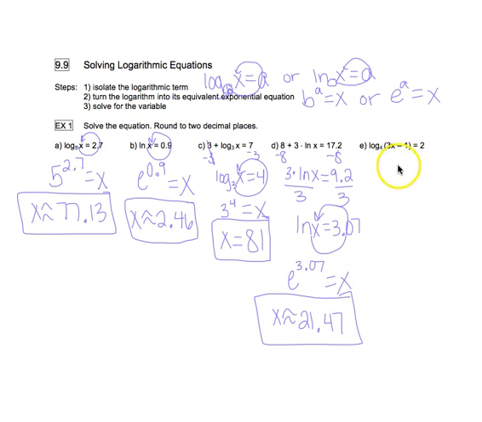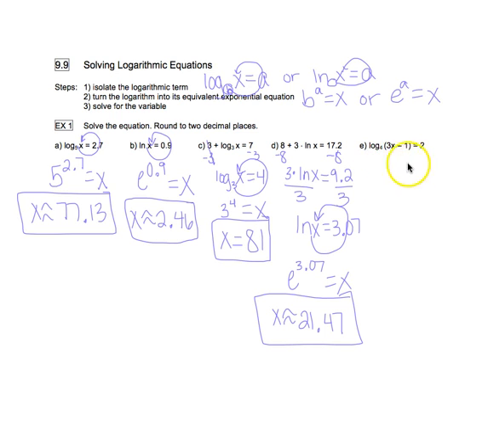All right, last one. On this one, the logarithmic term is already alone. I always get people who on ones like this try to add 1 and divide by 3. The parentheses make all of this part of the input of the logarithm.